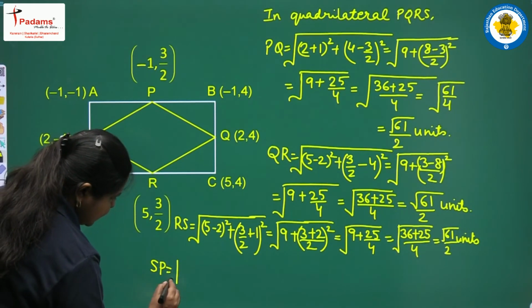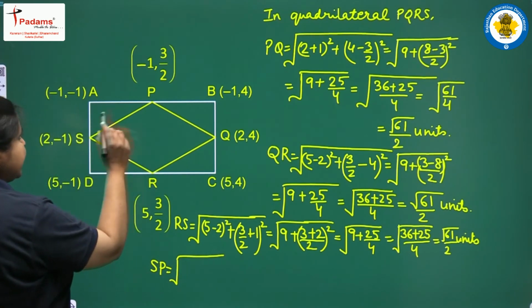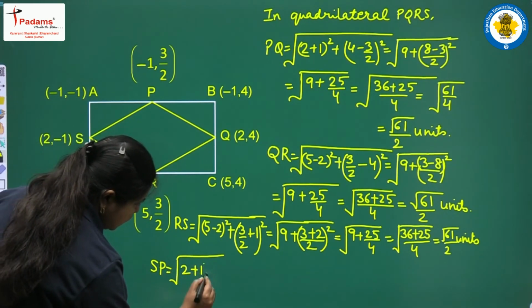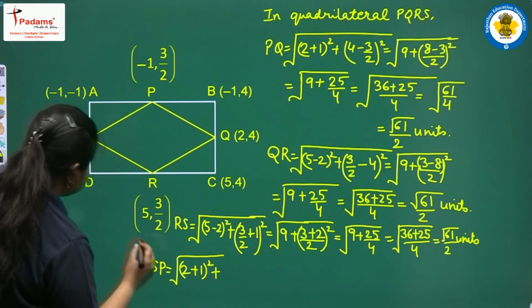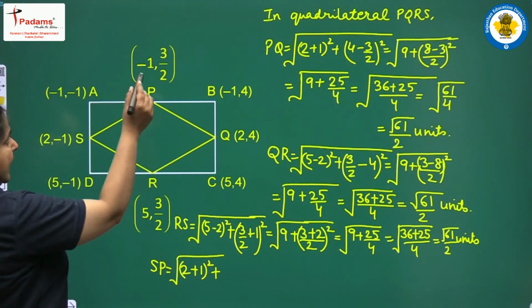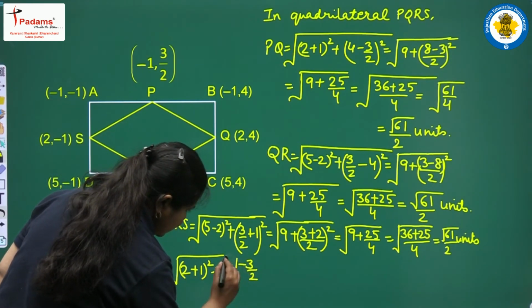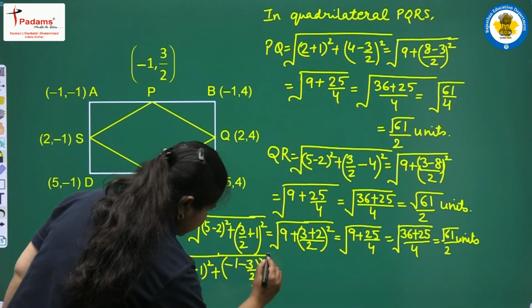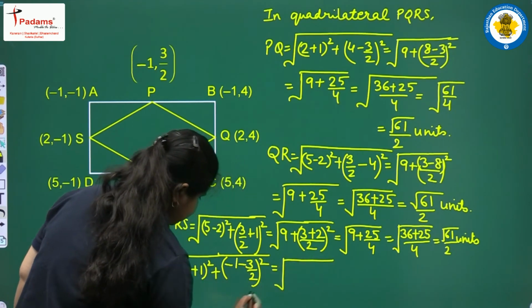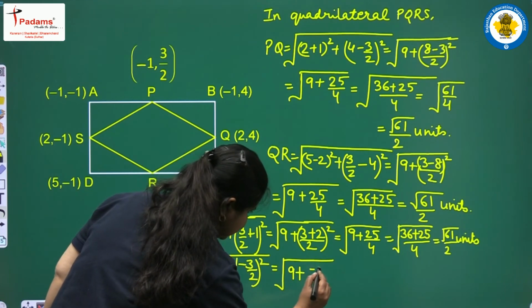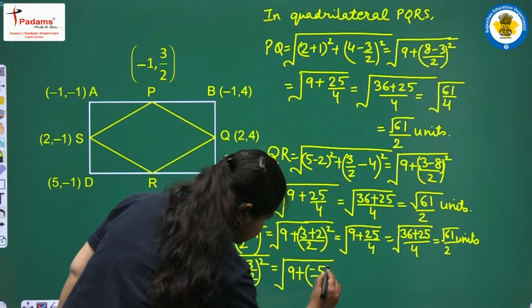SP, square root S here and P here. 2 minus of -1 will be 2 plus 1 whole square, plus here -1 and here -3/2 whole square. This will further be equal to 9 here, and here we will have -5/2 whole square.